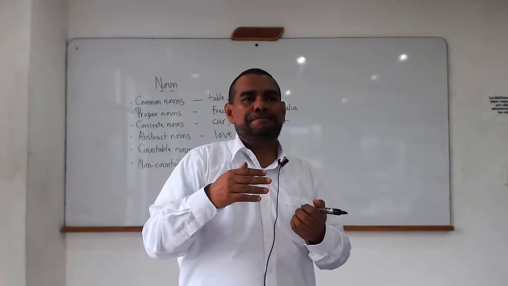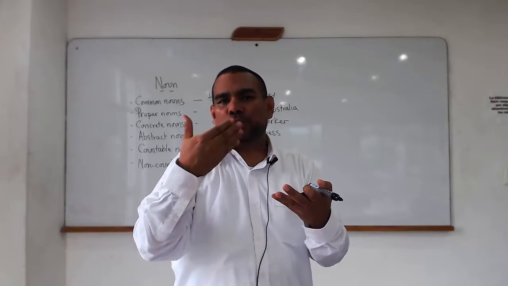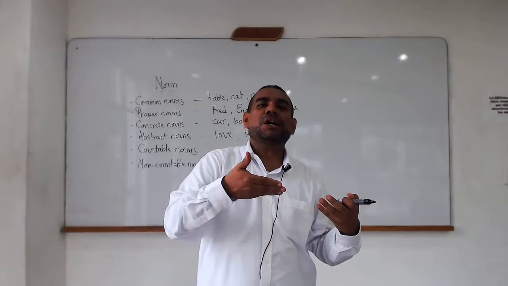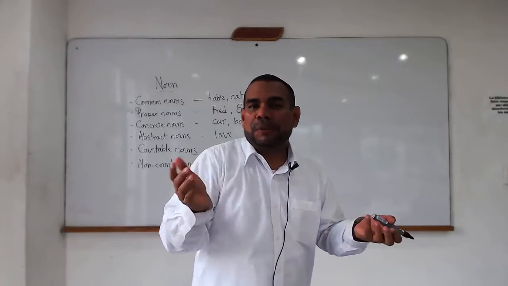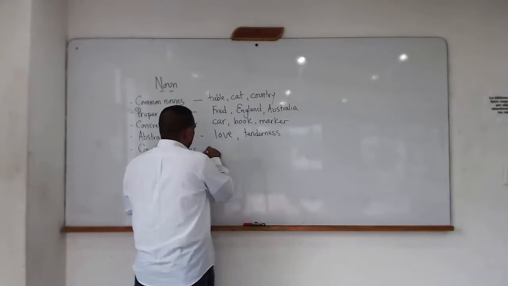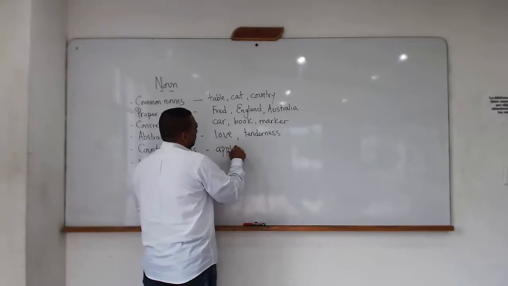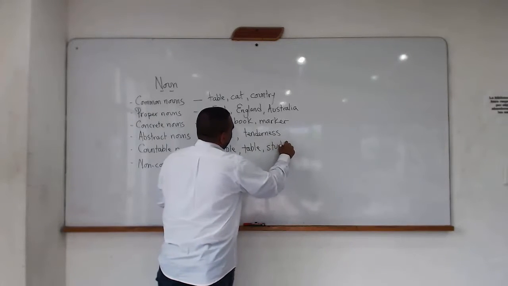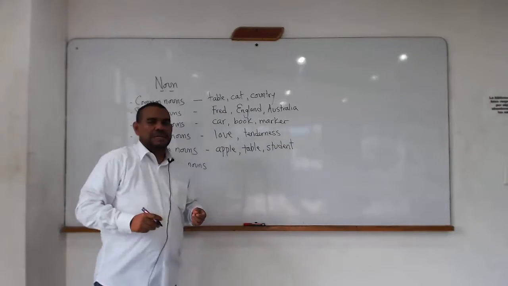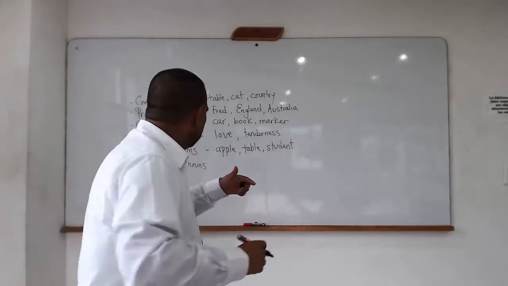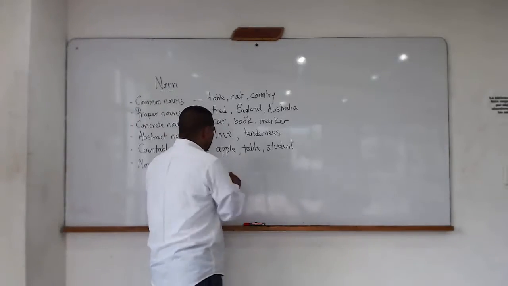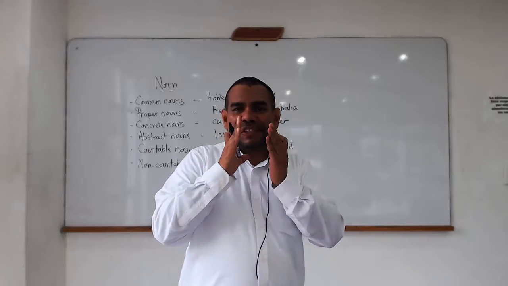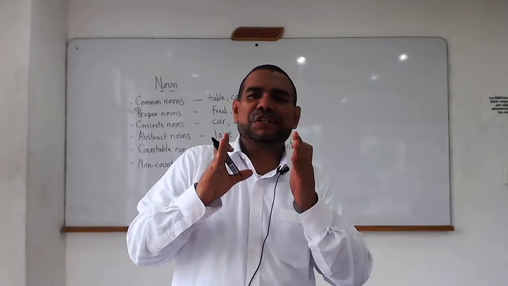We can refer to them in terms of 1, 2, 3, 4, etc. As we can say, for example, 1 car, 2 tables, 3 apples, etc. So we can say apple, table, student, etc.